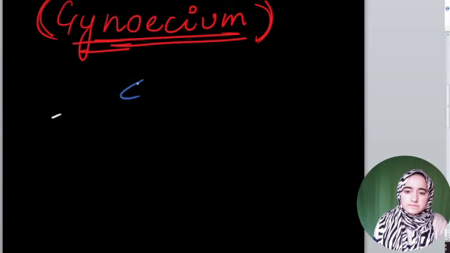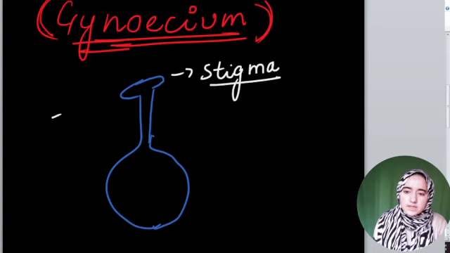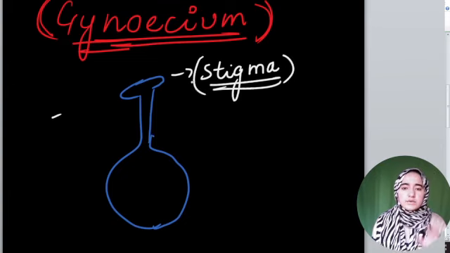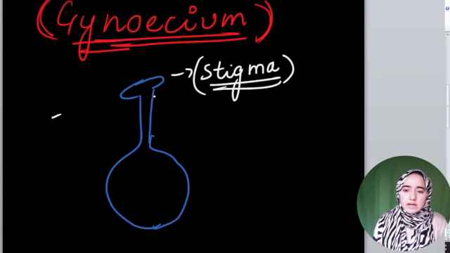It's like this. Here is the stigma, the upper portion where pollens will stick. I'll tell you in our upcoming sessions how they stick and how they are formed. After the stigma, we have a long slender portion known as style.